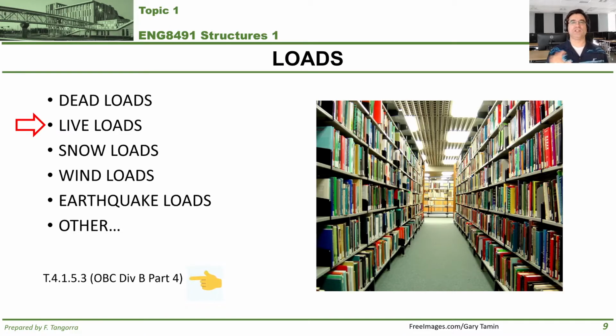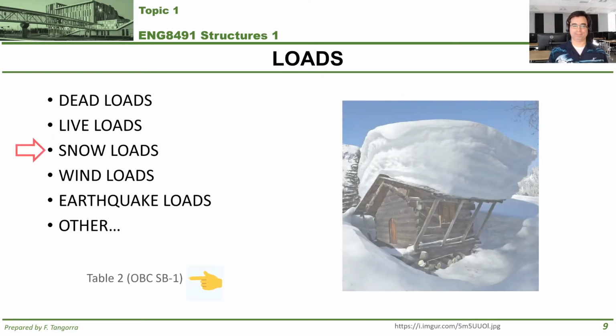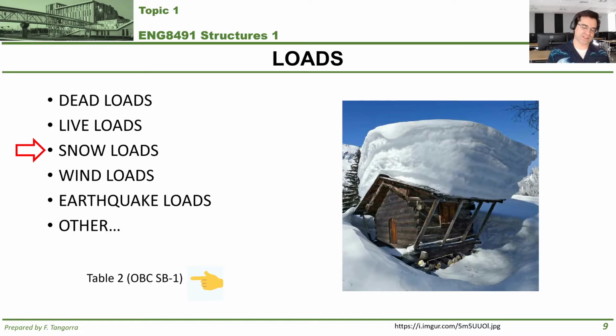Okay, now let's move on to those loads, those forces that are caused by nature on a building. The first one, we're very familiar with this in Canada, snow loads. Snow loads are again variable loads which include the weight of snow, the weight of ice, the weight of rain, or just rain, or all of them together mixed in certain quantities, whichever is larger.